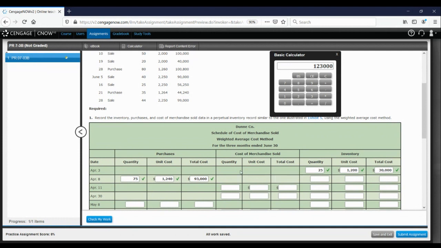I'm going to add the 25 units to the amount that we just purchased, which is 75 units. That's going to give me a total of 100 units that we are going to divide into the 123,000, and that will give me a unit cost of $1,230.